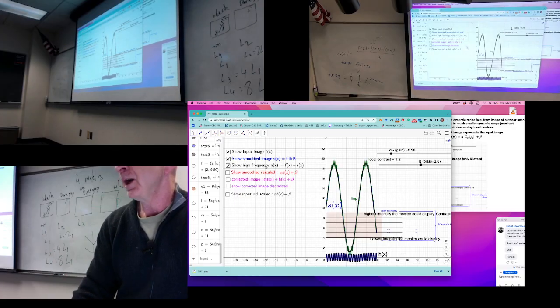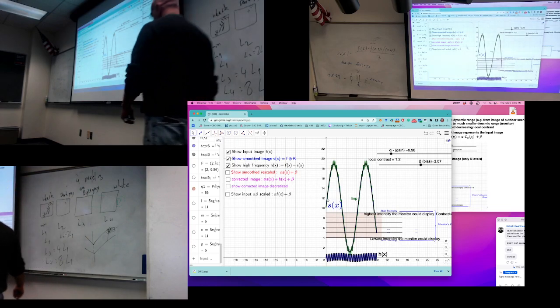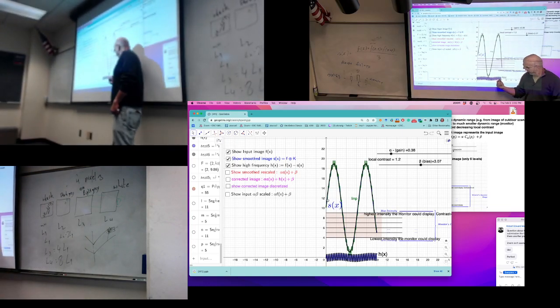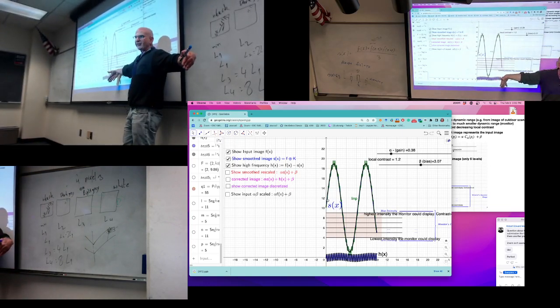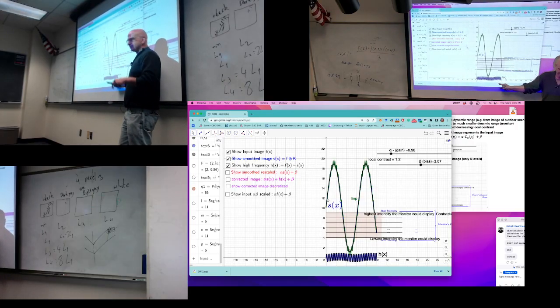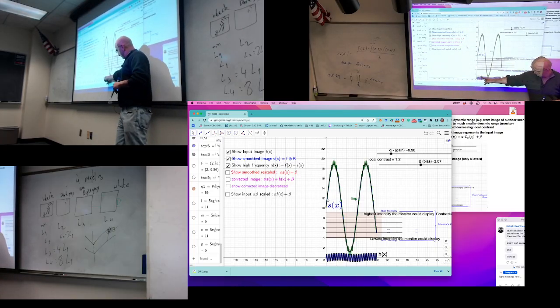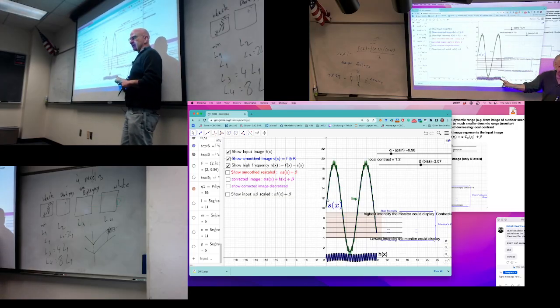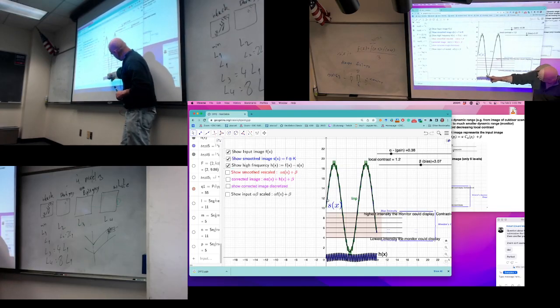And of course, you can play with how far away pixels are still called my neighbors. What am I left with? Here is the high frequency. This is exactly h of x, h for high, which is exactly f of x minus s of x.